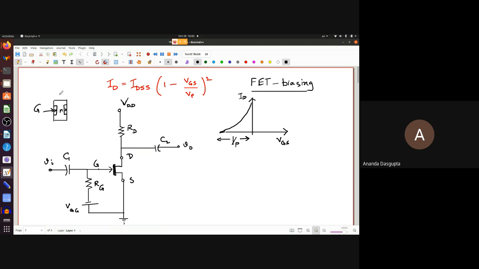So if you put a big enough reverse bias between the gate and the channel, the depletion region is going to become so big that it's going to pinch off the channel even without any current flowing through it. And if that happens, the channel becomes non-conducting because there is no path from the drain to the source. This end is called the drain. This is the gate, and this is the source.